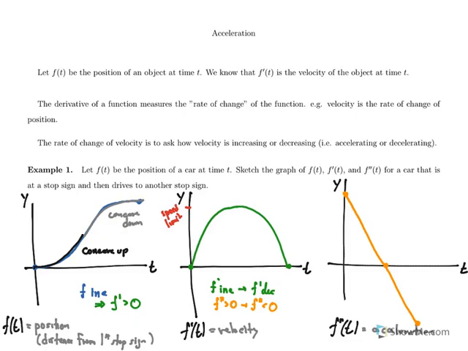And that means that our derivative is increasing and then decreasing, and that matches what we had before. Note that this is a special point where the function changes from concave up to concave down. That's called an inflection point, and we'll learn about that more in chapter 3 and 4.